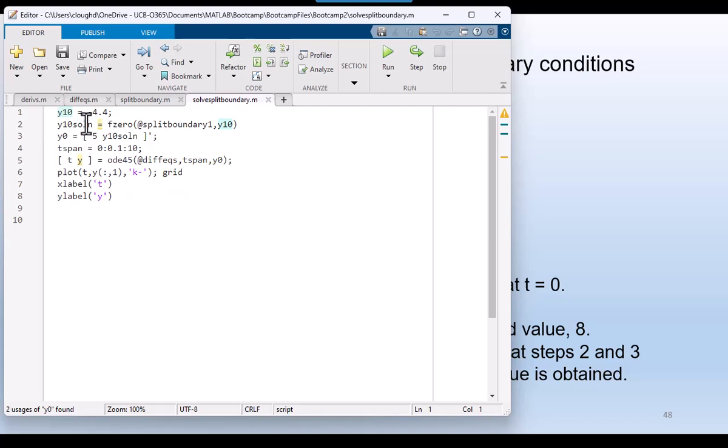So what we notice here is that we're now incorporating f0 to solve the relationship split boundary 1 with an initial guess of minus 4.4, right? And what is split boundary 1? Well, let's take a look at it.